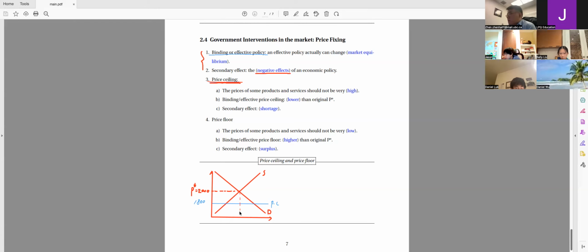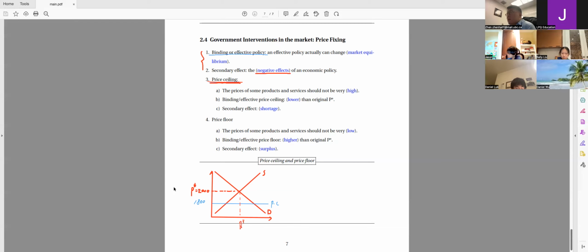Let's add my quantity line here. Then the next step. The good effect of this policy is what? We can lower the price for those renters who can actually find a studio to rent. What do I mean by that?